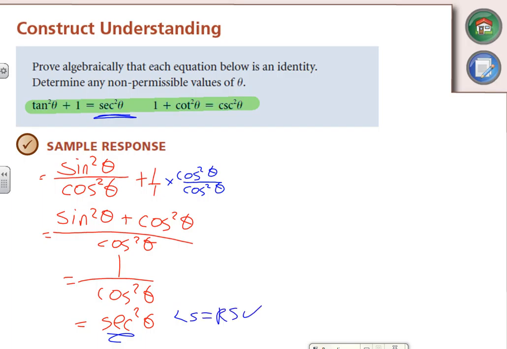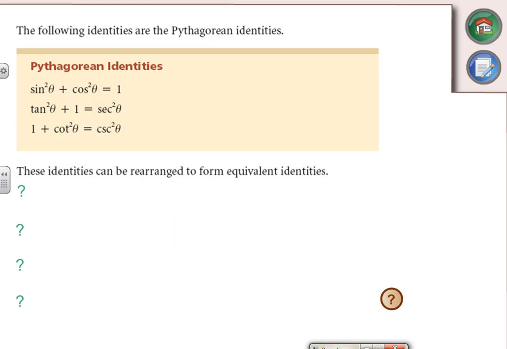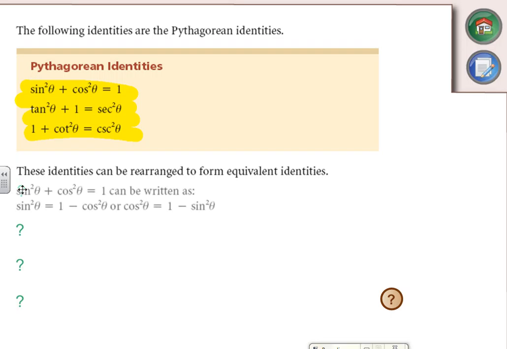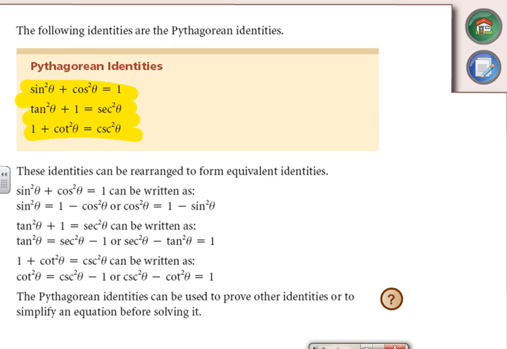We would do the same with the other identity. Okay, there's your list of your 3 Pythagorean identities. They could be switched up a little bit, meaning we could rewrite them. So your first one, just rearrange them all the way through.